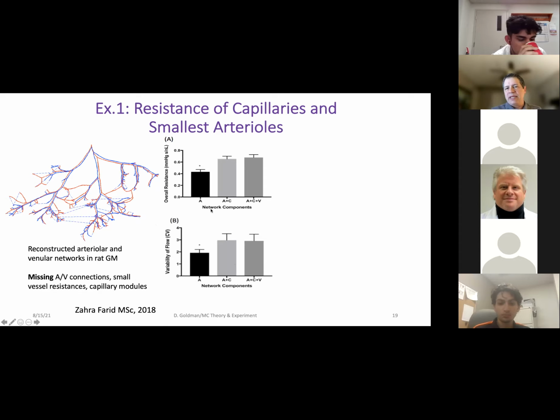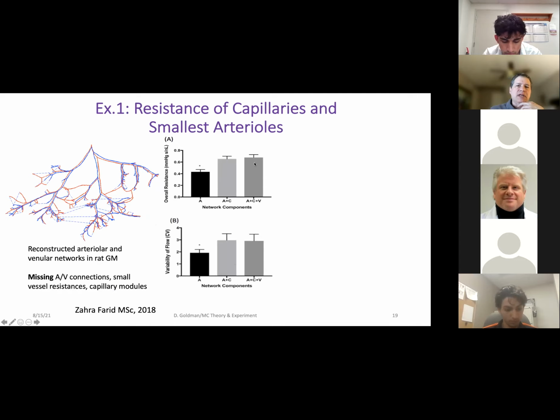She basically took just the arterioles plus capillaries and smaller arterioles that are missing, and then also added in the venules. So you can look at flow in three types of networks: just arterioles with capillaries and smaller vessels, and then adding in the venules.